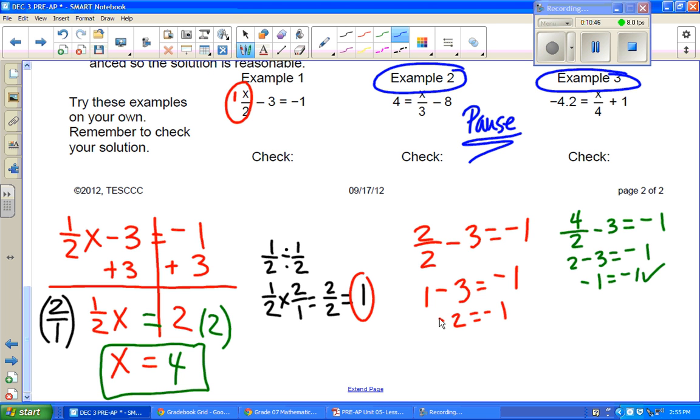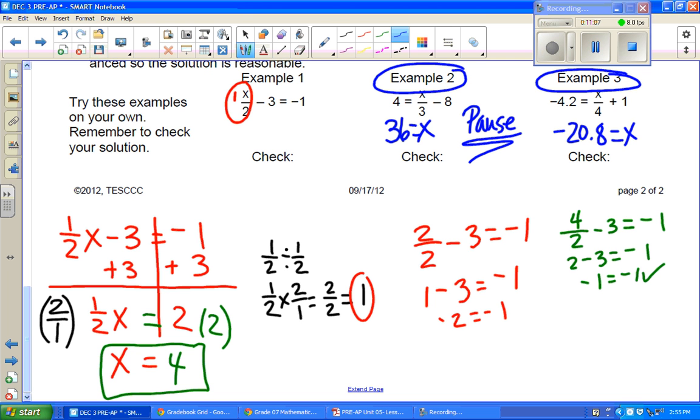All right, so now you see, if you worked it and checked your work, you know that you have the right answer. But just in case, example 2 is 36 equals x, and example 3 is negative 20.8 equals x.